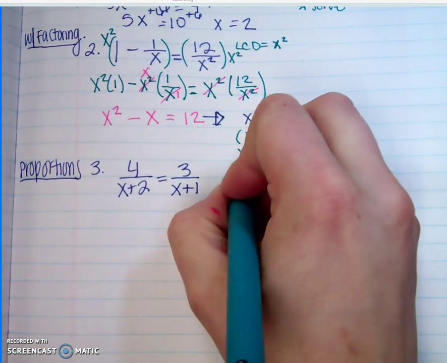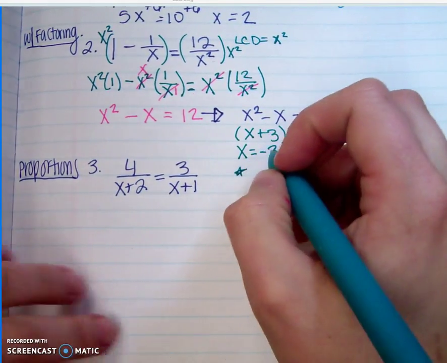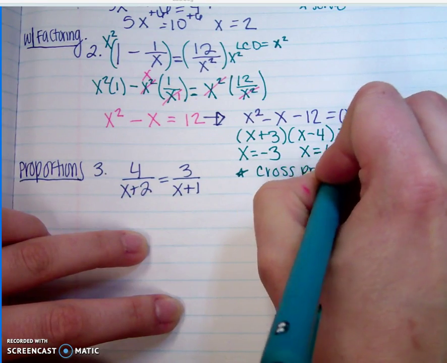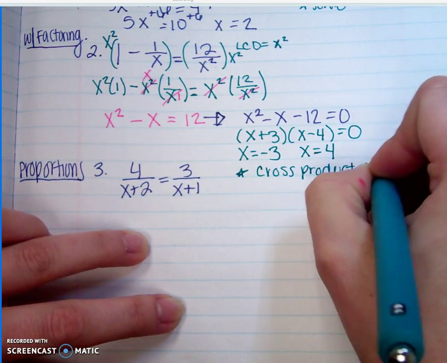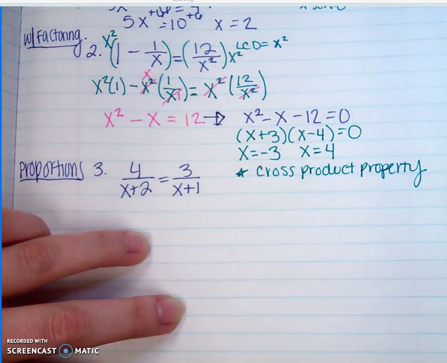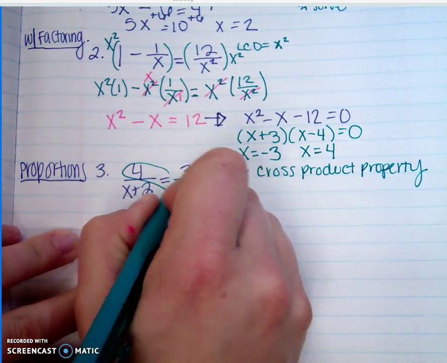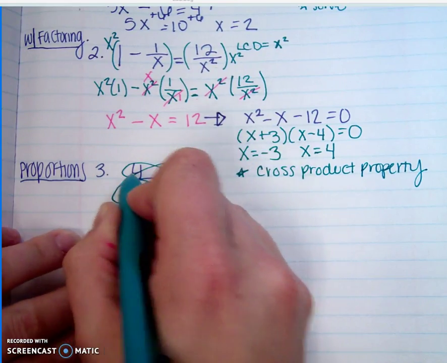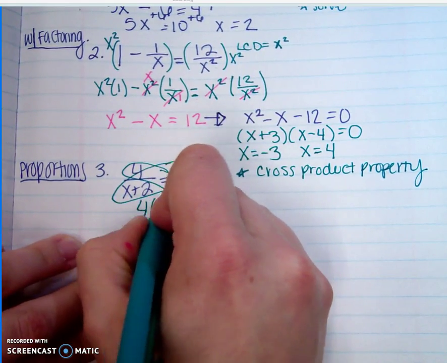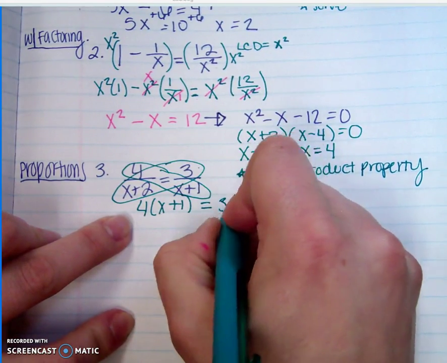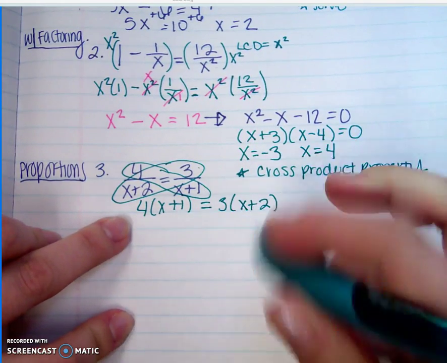We are going to be using the cross product property, which is fancy for telling us to cross multiply and then solve. So 4 times x plus 1 is going to equal 3 times x plus 2.